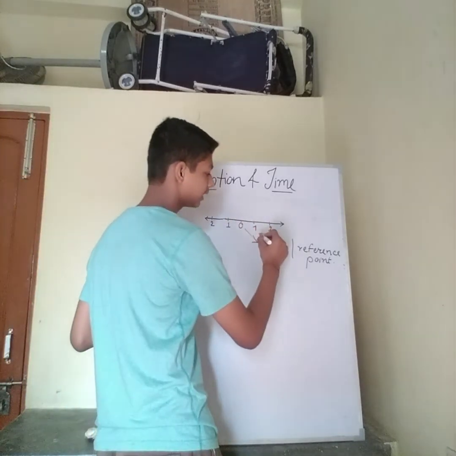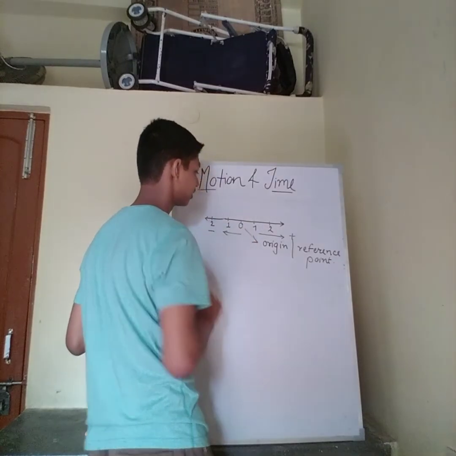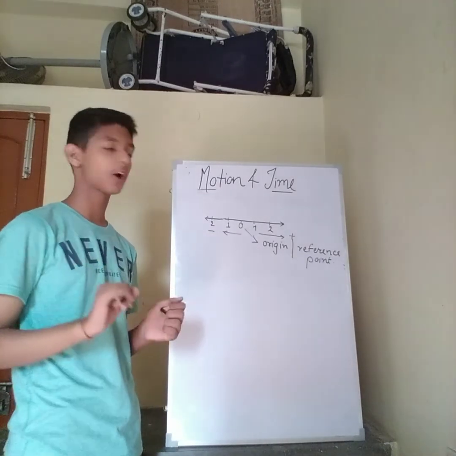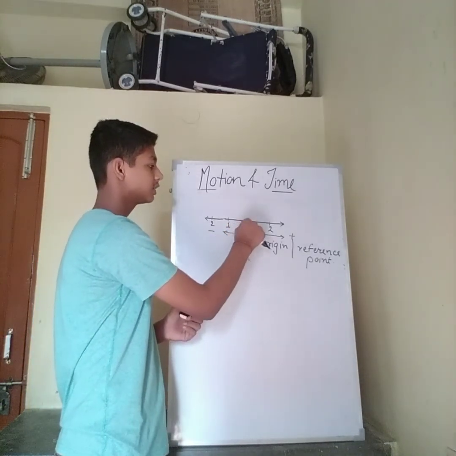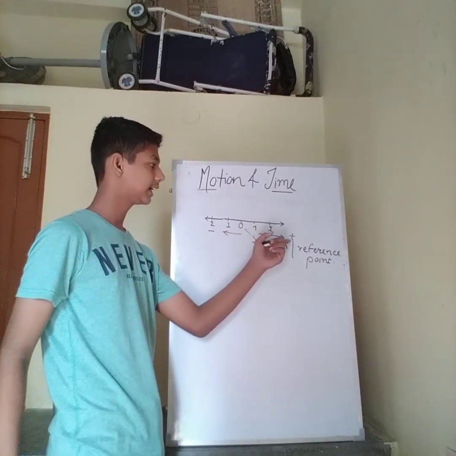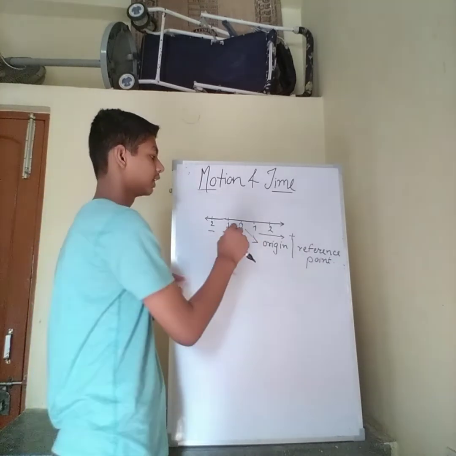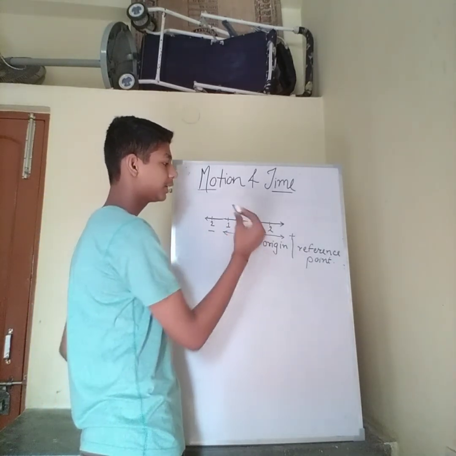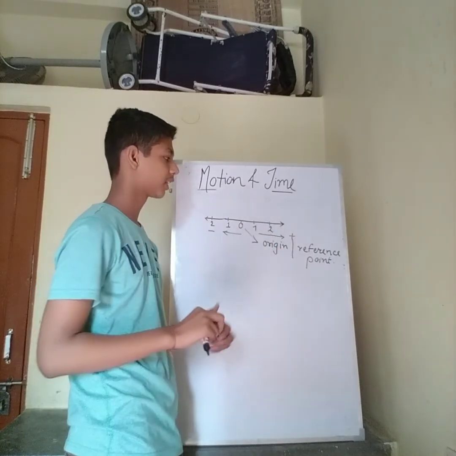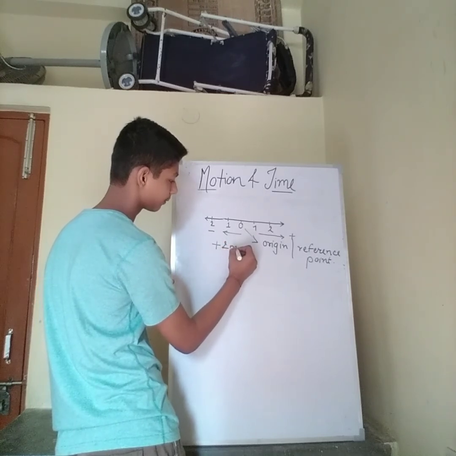Okay? Now suppose a particle, we have considered this direction as positive and this direction as negative. Suppose a particle or an object goes right of the origin, means this side, and we have taken this side as positive. Then if after 2 seconds the position of the particle is on 2, we will say that its position is plus 2 meter.